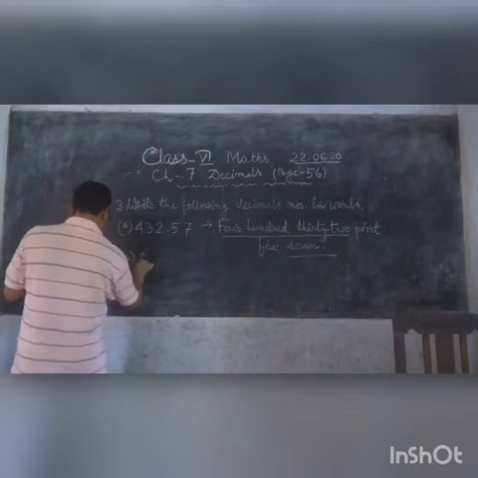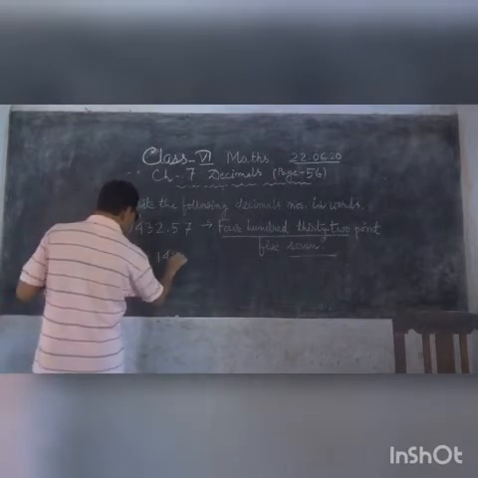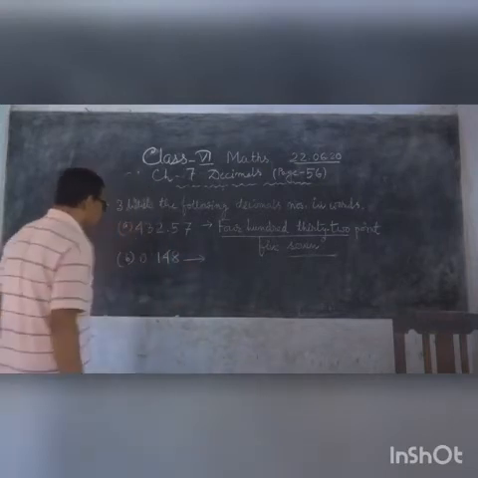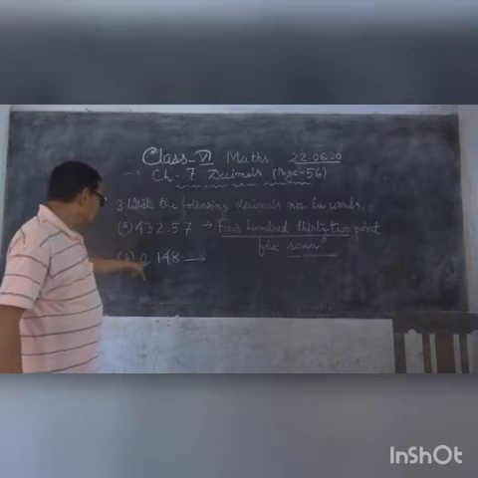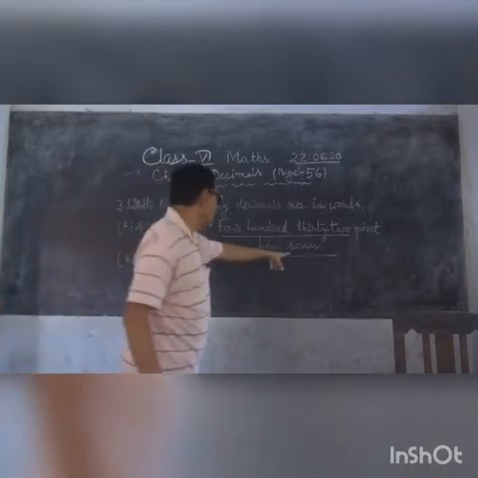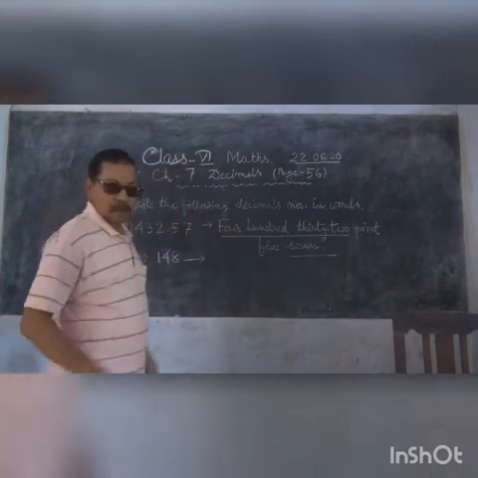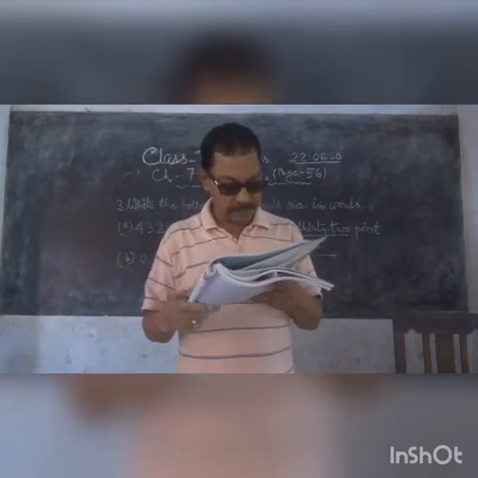B, 0.148. Similarly you will write 0 in words, and right here in words 148. So I think everybody can do this. So we will proceed to the next question.